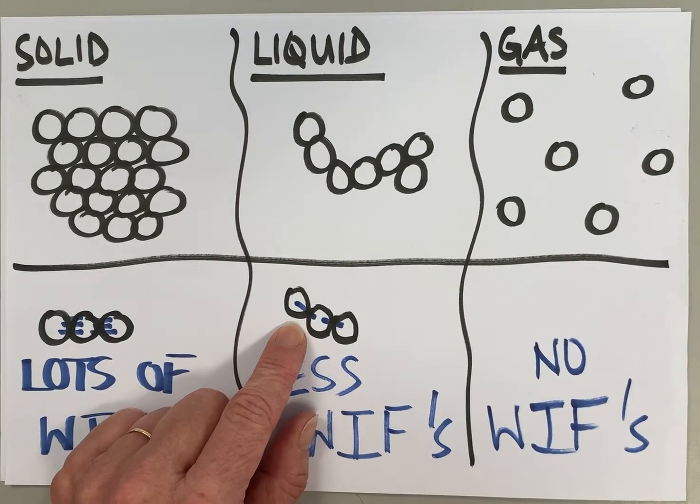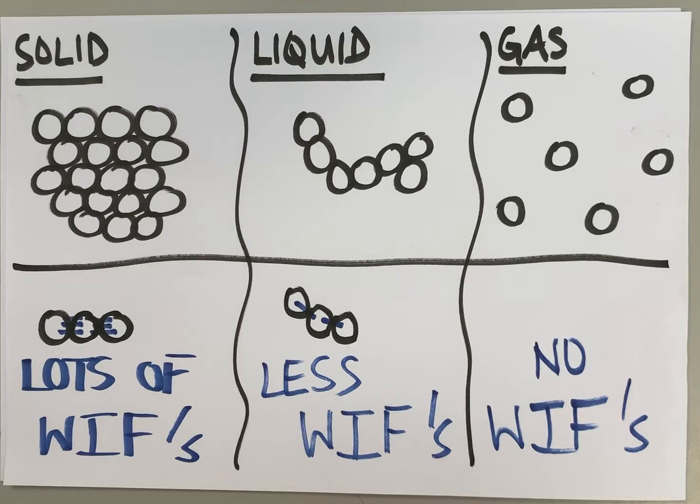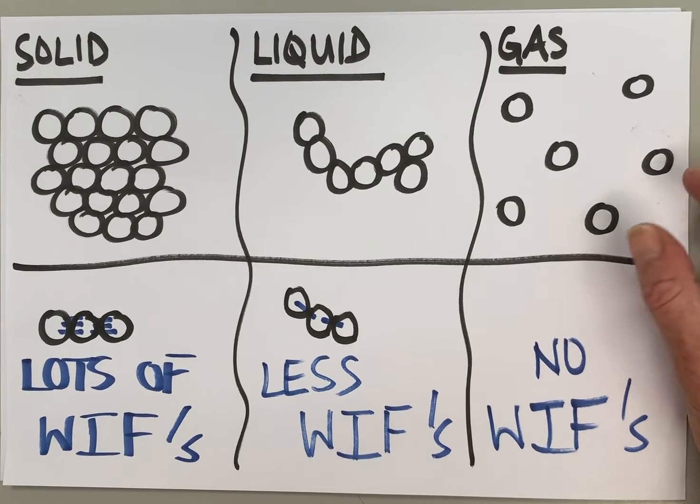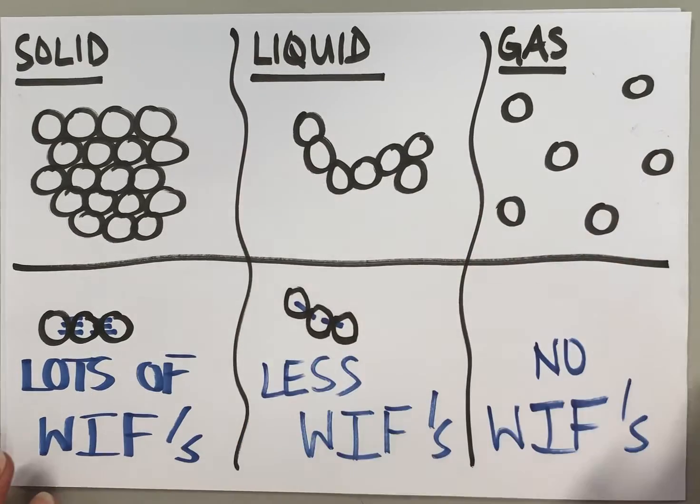But they're still there, so they hold the molecules in place but allow the molecules to slide over each other. However, in a gas, there are no WIFs, okay? So there are no forces of attraction between the molecules, and that's why they can move apart from each other, okay? And that's why gases take up lots more space than liquids or solids. So that's just a wee recap.